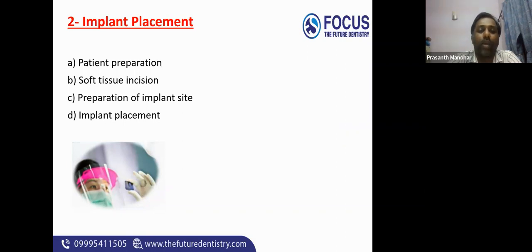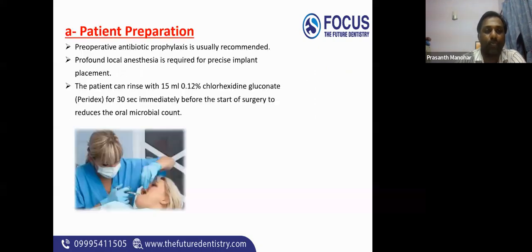Now we'll raise the soft tissue by putting an incision, then prepare the implant site with implant drills, then place the implant. For patient preparation, pre-operative antibiotic prophylaxis we will have to give. Then local anesthesia is given. The patient can have a rinse of chlorhexidine mouthwash before the surgery so that you can reduce the microbial count.